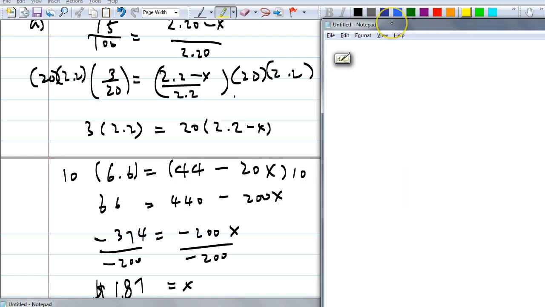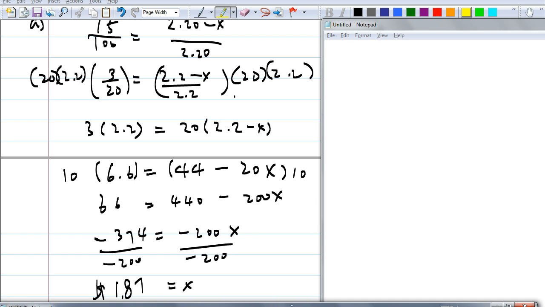Any question? Yes, sir. Can you just multiply 2.2 times 0.85? Because you're trying to find 85% of 2.2, and you multiply 0.85 times 2.2, and that gets you 1.87.